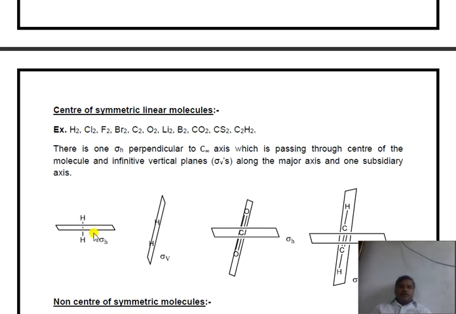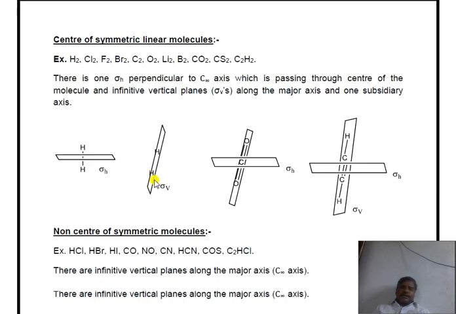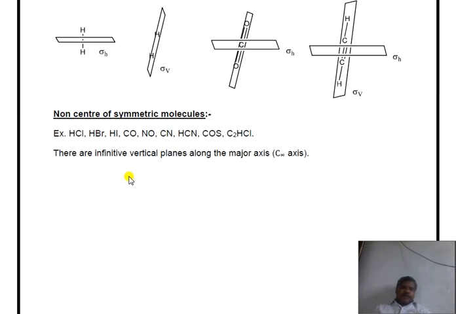So there must be one sigma h and infinity sigma v's in all linear molecules which have a center of symmetry.